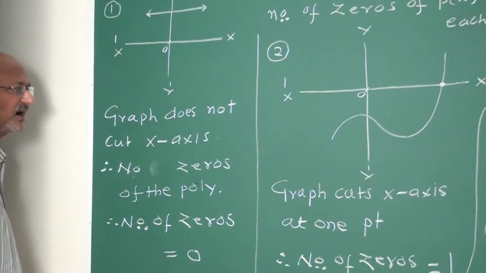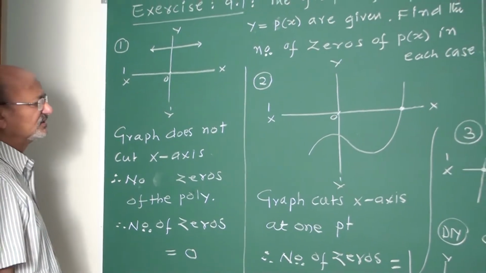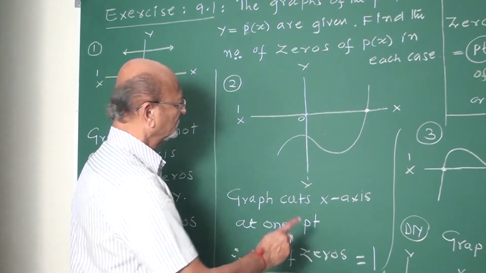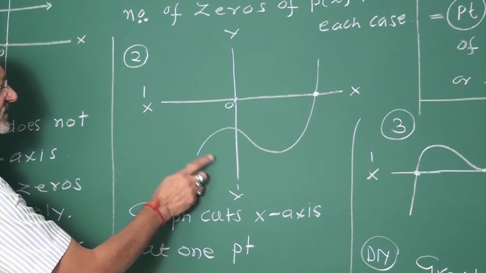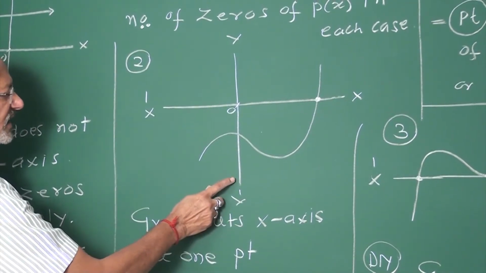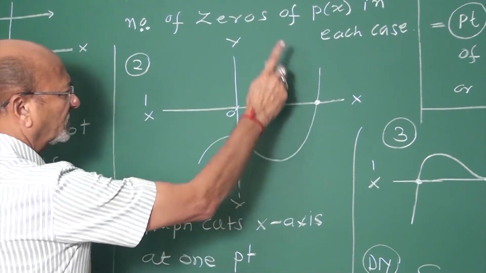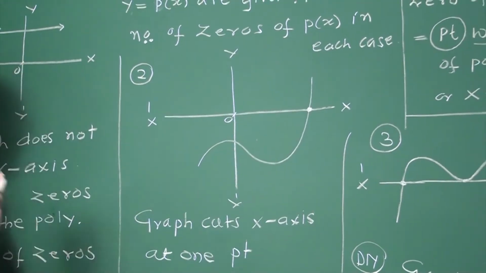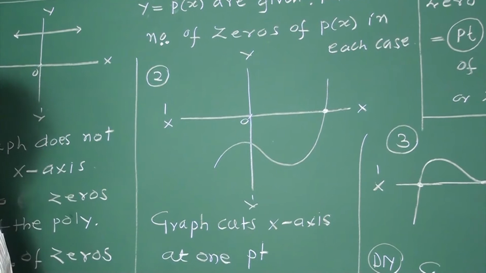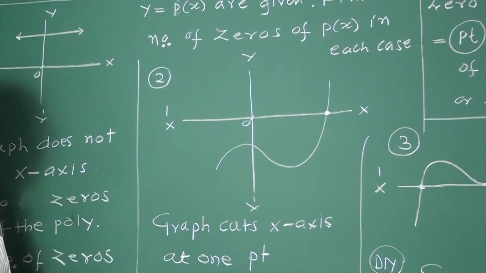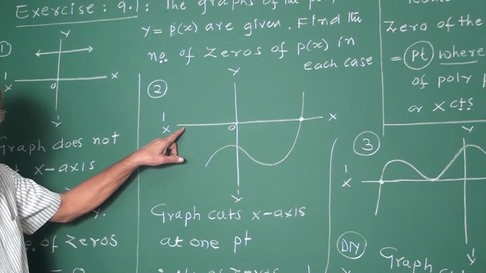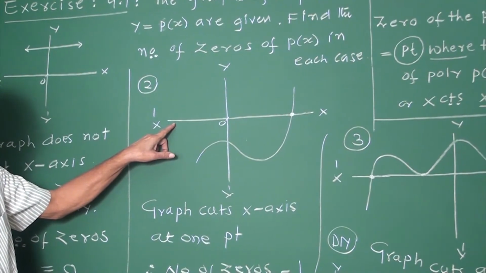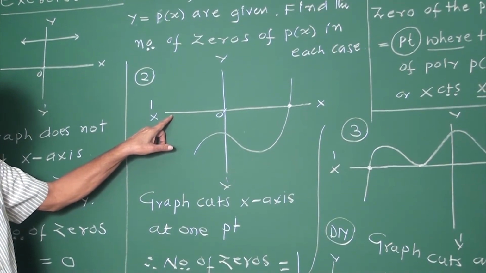Next example. In this case, the graph is like this, with the x-axis and y-axis. Our concentration is only on points on the x-axis, the horizontal line.